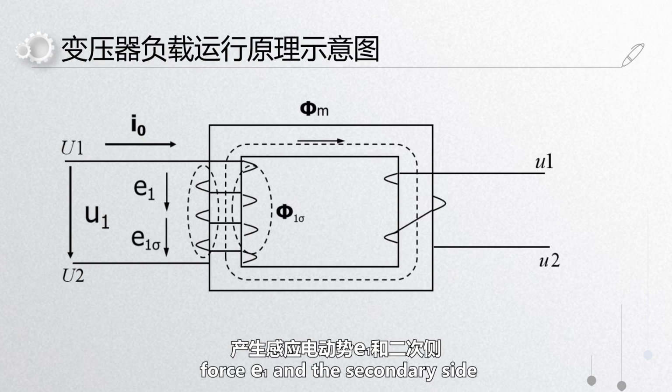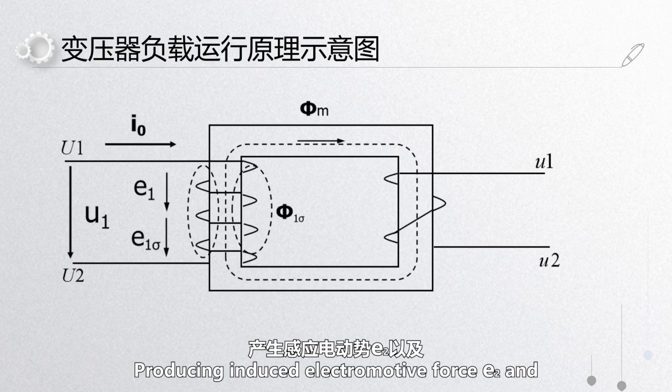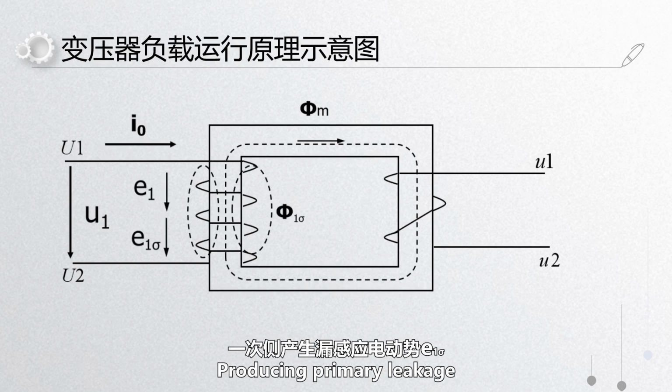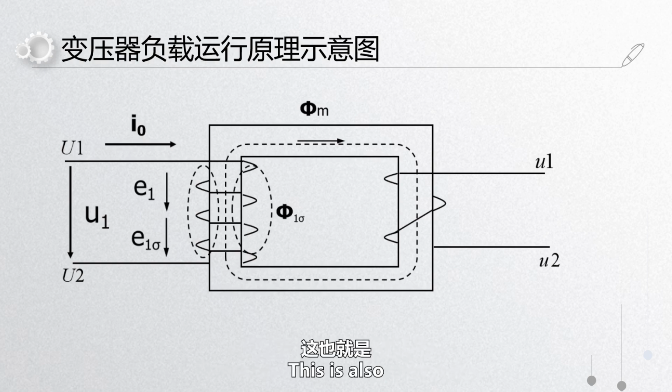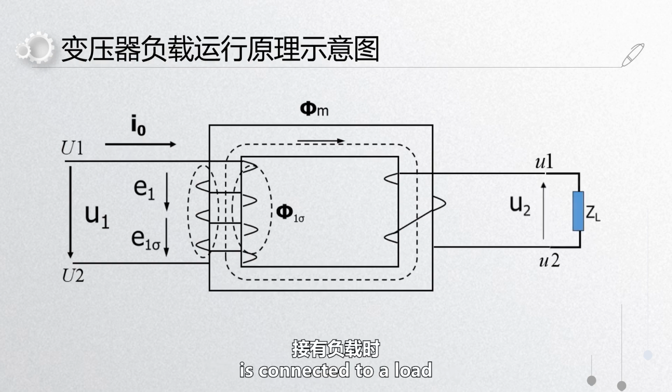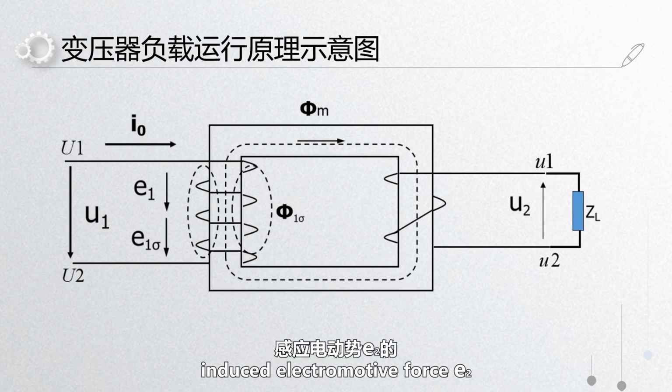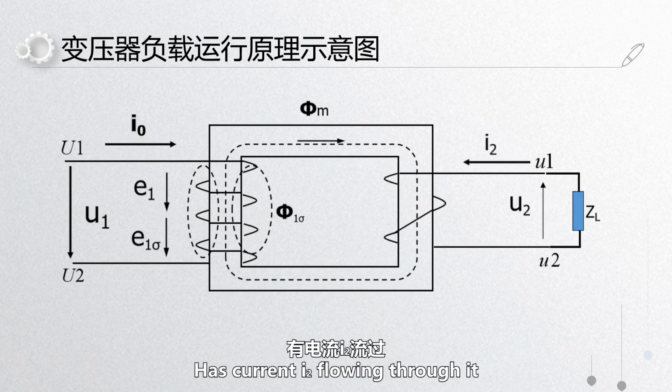On the secondary side, it produces induced electromotive force E2, and the primary leakage induced electromotive force E1 sigma. This is also what we mentioned earlier in the no-load process. When the secondary winding is connected to a load, under the influence of the induced electromotive force E2, the secondary winding has current I2 flowing through it.